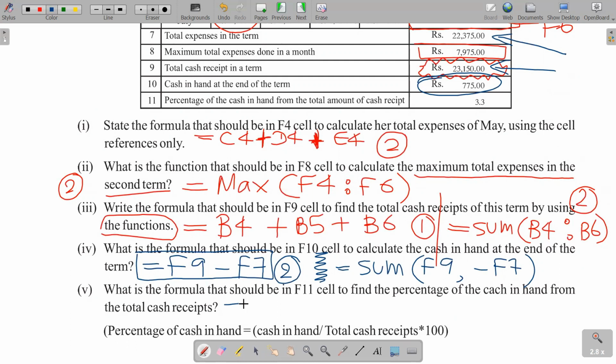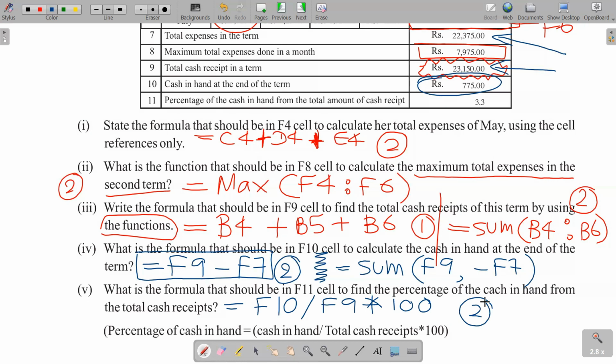You can say equals F10, the cash in hand, divided by total cash receipts, that is F9, and multiplied by 100. That's going to give you the answer. If you got this, 2 marks.